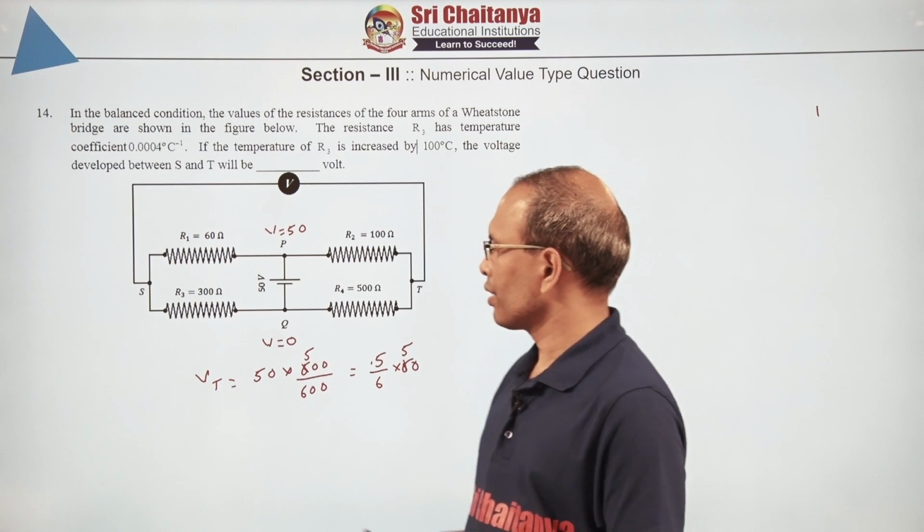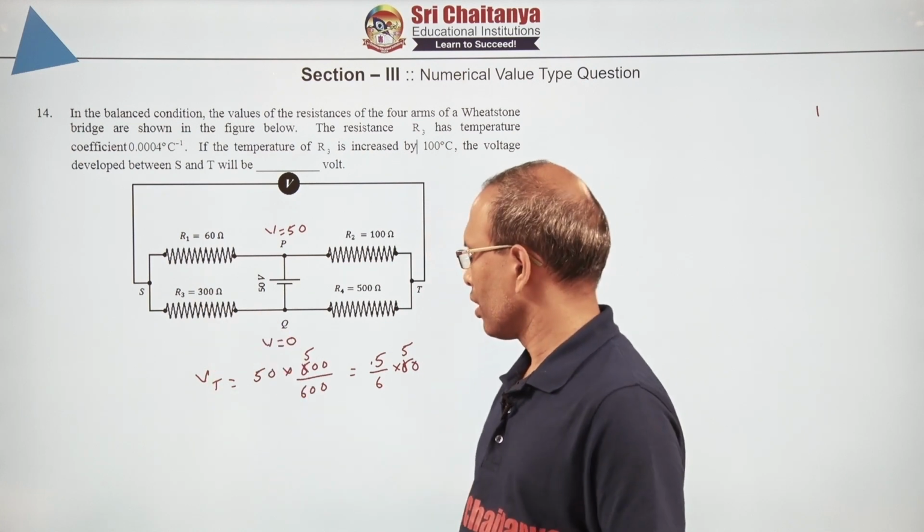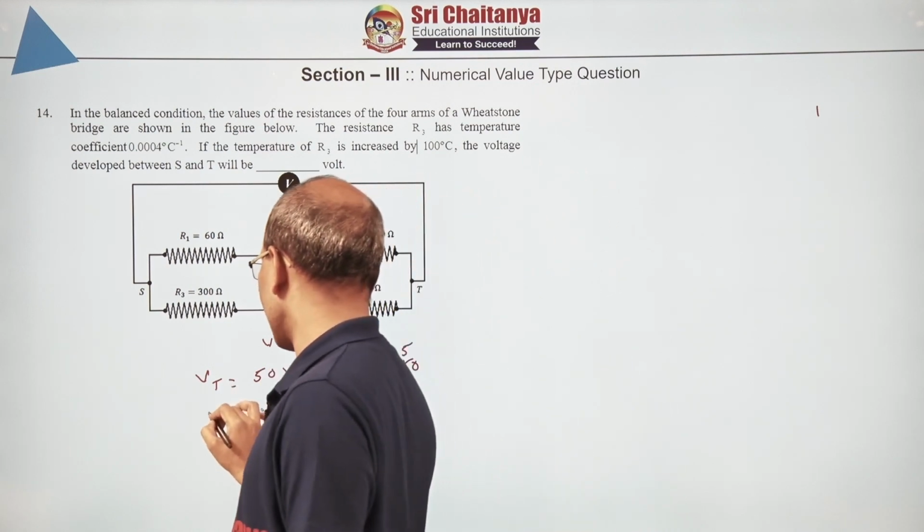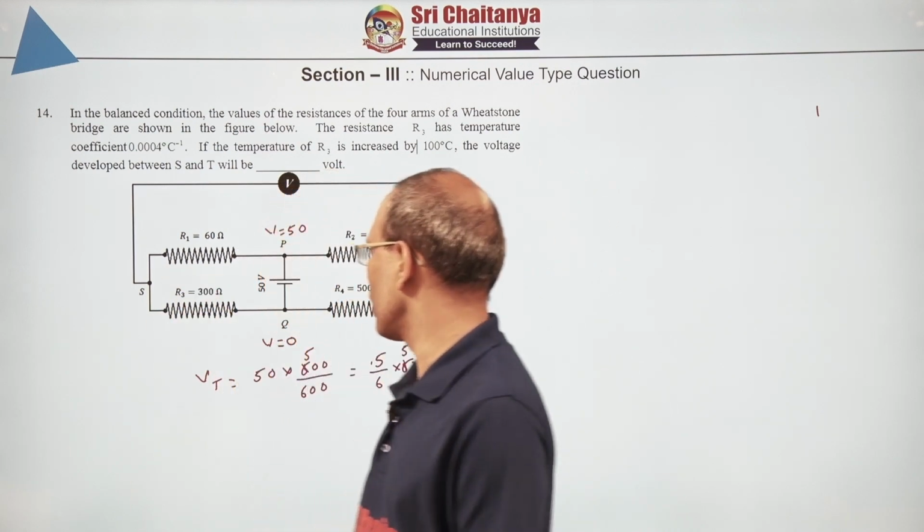Now we want to calculate the potential at point S. This is not a balanced one now, so by the same formula we can write the potential at S. For that we have to calculate the value of R3 first.